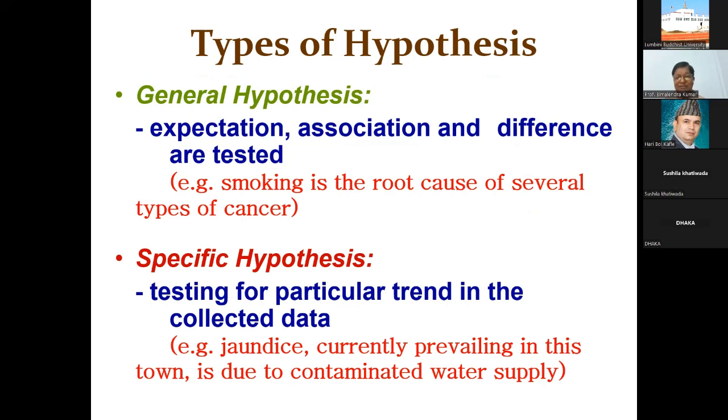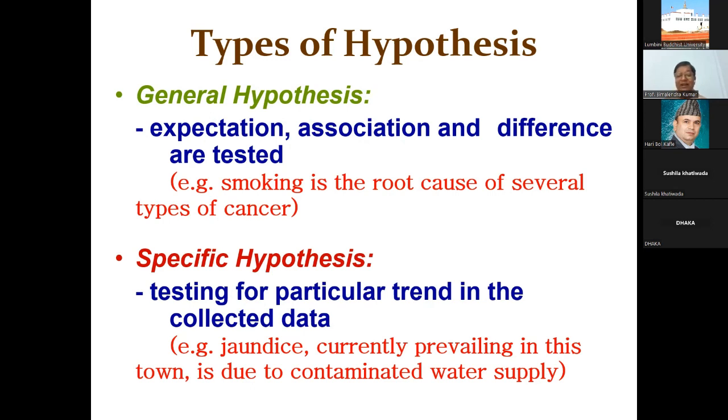Now let us discuss the types of hypothesis. There are mainly 2 types of hypothesis. First, the general hypothesis, where expectations, association, and difference are tested. As for example, smoking is the root cause of several types of cancer.